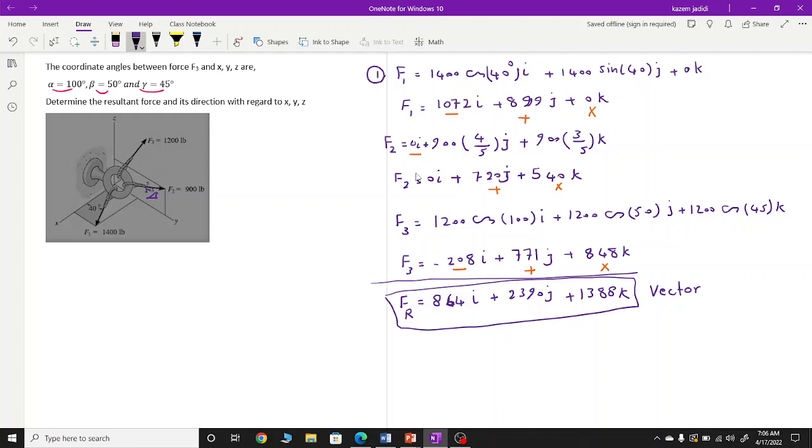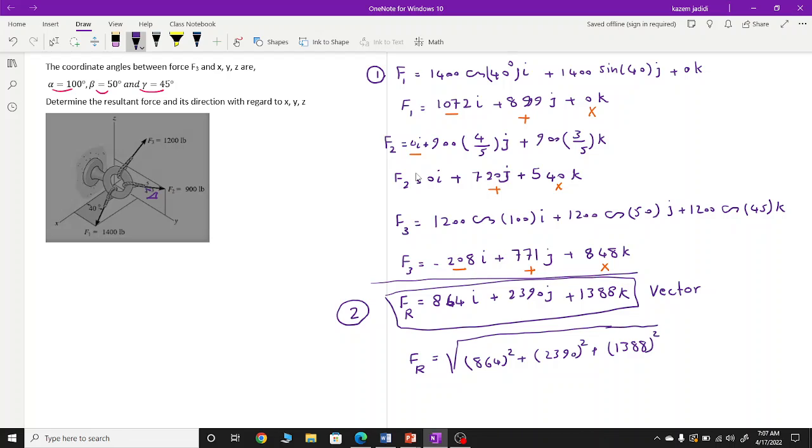Now, so this was step 2. The next step is for the same force, the magnitude of the force. And in order to find it, we can use the square root of the sum of squares, meaning 864 squared plus 2390 squared plus 1388 squared.